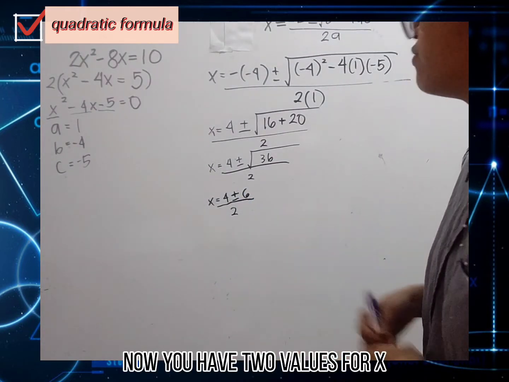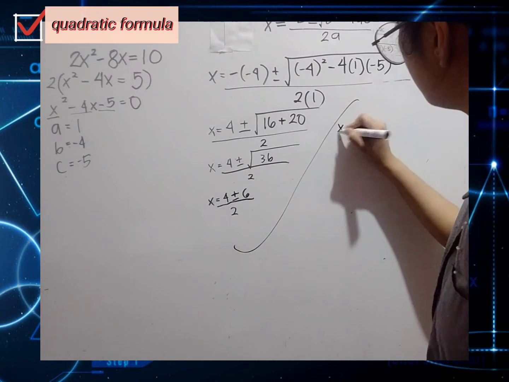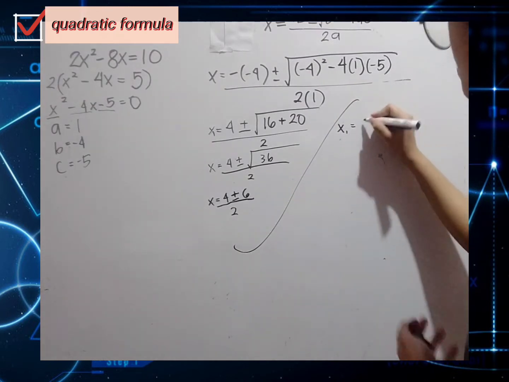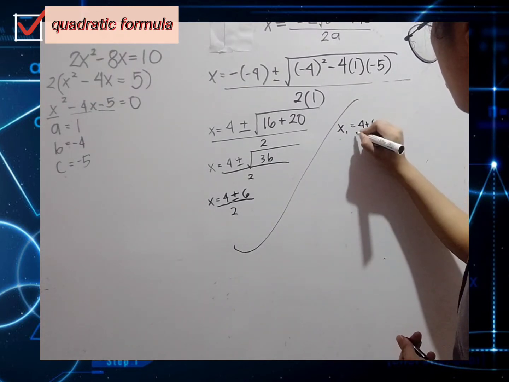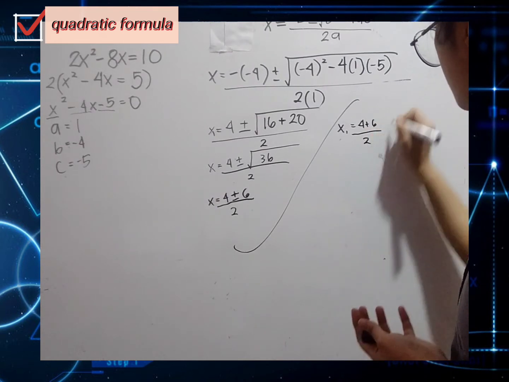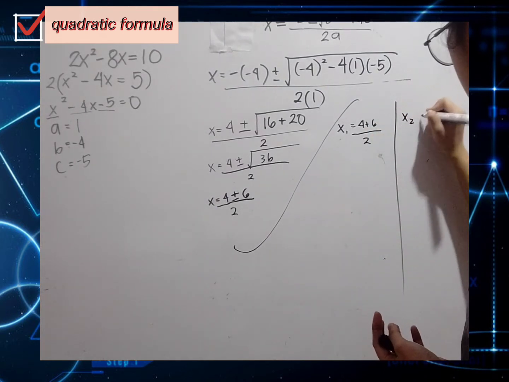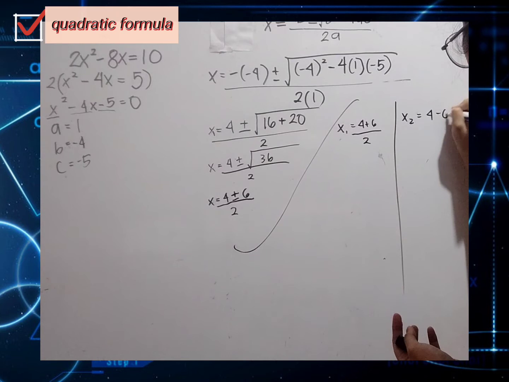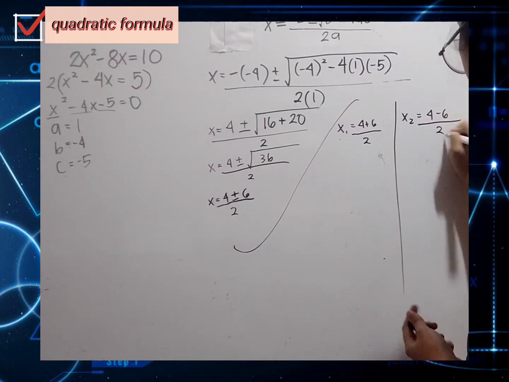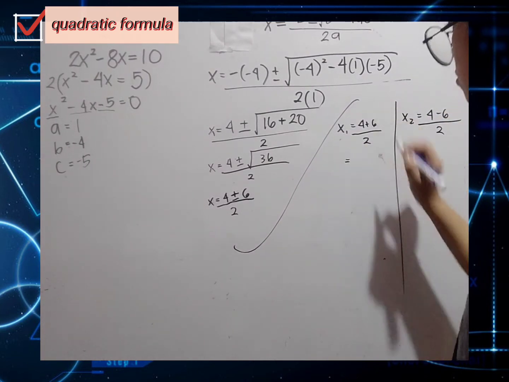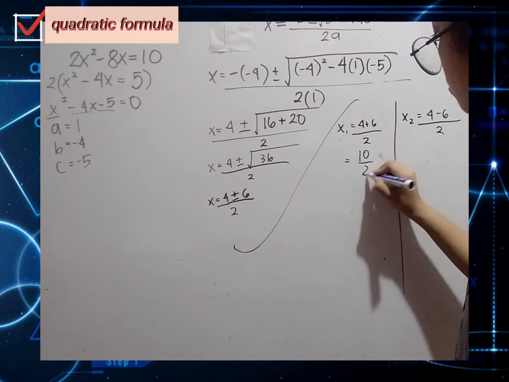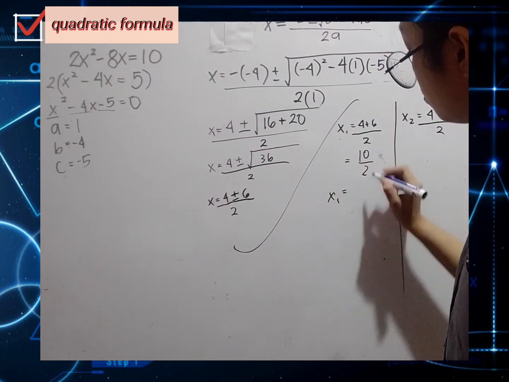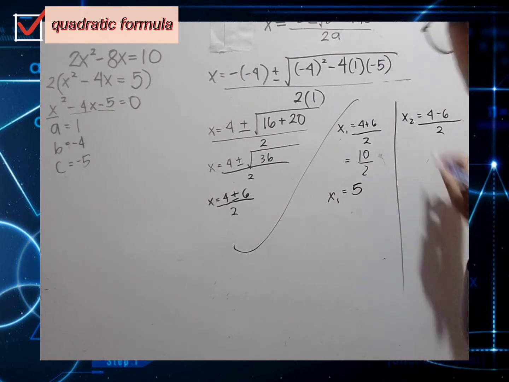Now we have two values for x. x sub 1 equals 4 plus 6 over 2, and x sub 2 equals 4 minus 6 over 2. 4 plus 6 is 10, over 2, so x sub 1 is 5.